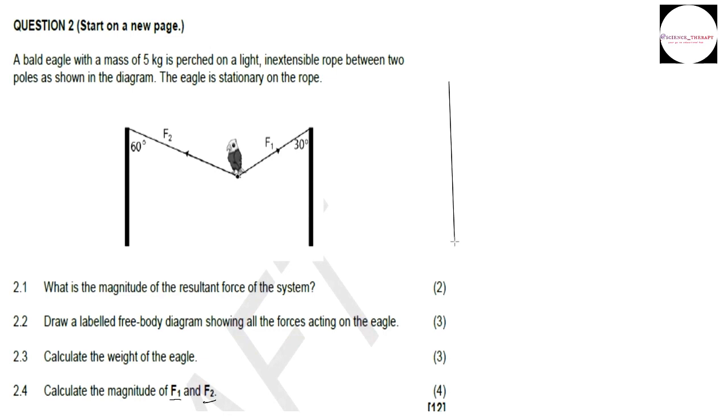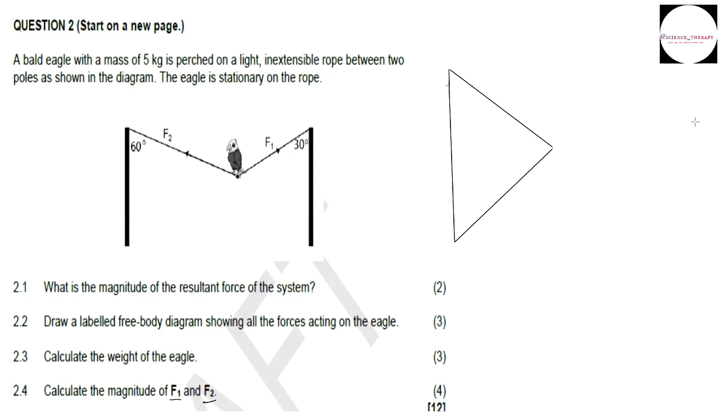So we have our weight, or gravitational force, going down like that. Then I take the forces as they are. Remember, it's a cut and paste method. You do not have to change anything. So that's F1 going all the way up, and then F2 also going up diagonally. Then let's close off here.